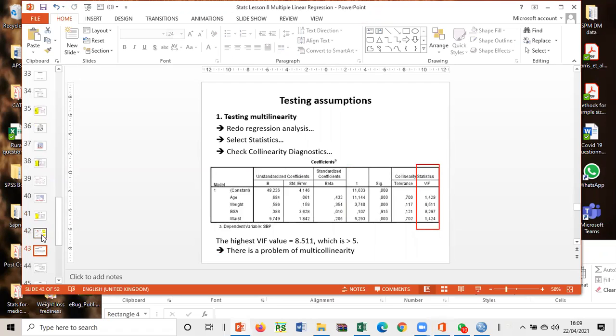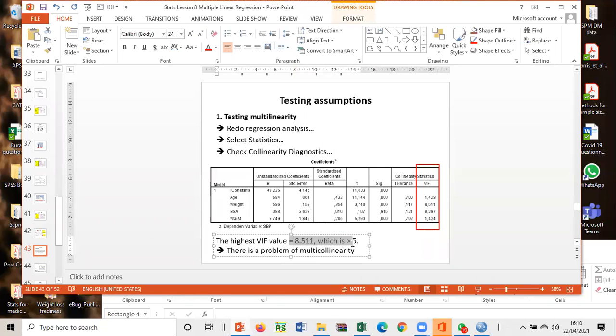All right, look at the last column. That's the VIF. No calculation, just click the button. What's the highest value here? 8.51. Is it more than 5? Yes. If you put a threshold at 5, more than 5 is a substantial problem.